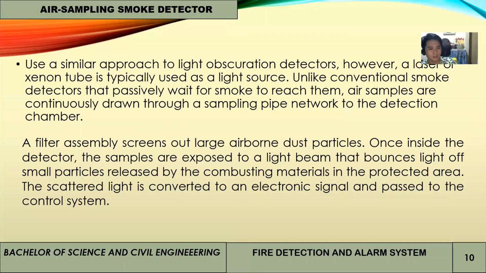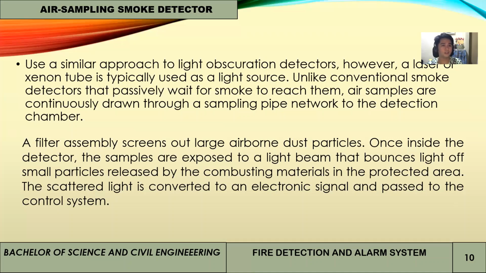A filter assembly screens out large airborne dust particles. Once inside the detector, the samples are exposed to a light beam that bounces light off small particles released by the combusting materials in a protected area. The scattered light is converted to an electric signal and passed to the control system.